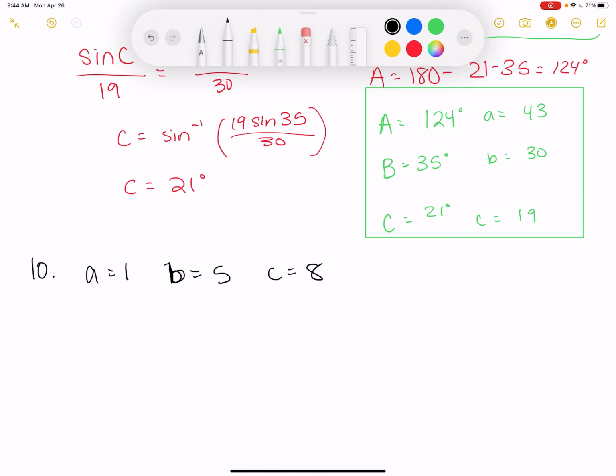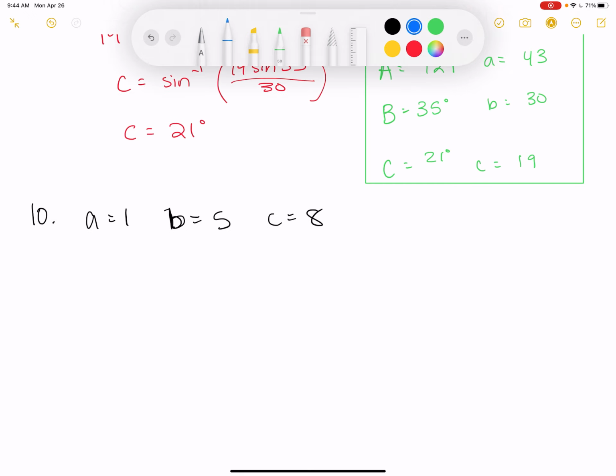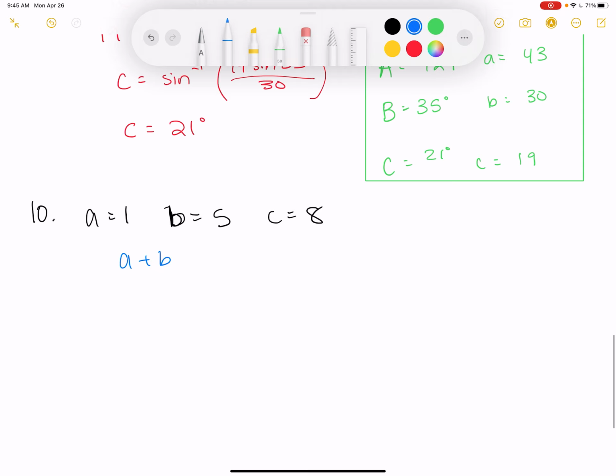Draw a triangle. Check if it works. And is it going to? No, it is not going to work because A plus B is not greater than C. 1 plus 5 is not greater than 8. So no possible triangle.